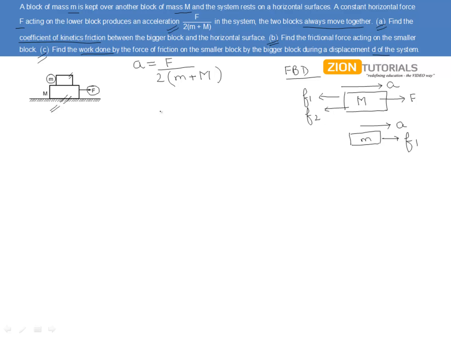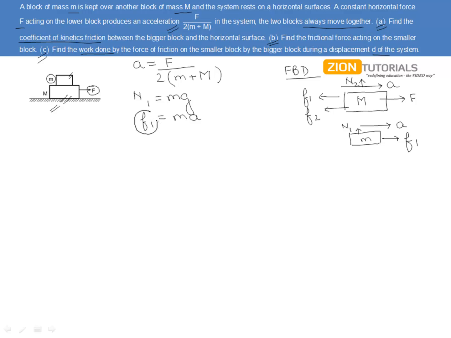Also, if we take the normal reaction here to be N1 and the normal reaction on the bigger block to be N2, then I can say that N1 is equal to mg, right? And the frictional force, that is F1, equals mass into acceleration.